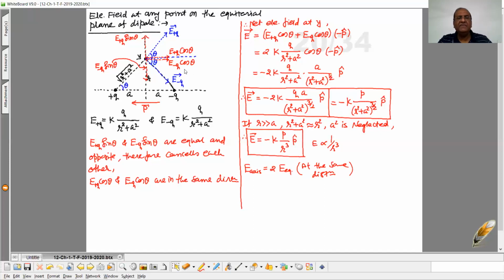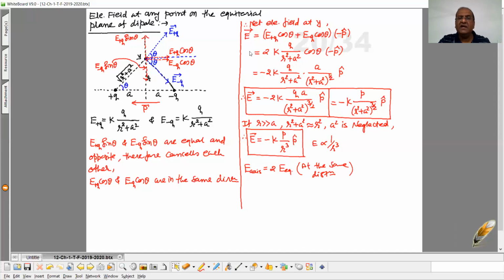But now see, the dipole moment is from negative charge to positive charge. So the direction of the dipole moment is this one. And at y, the net electric field is in the opposite direction of the dipole moment.